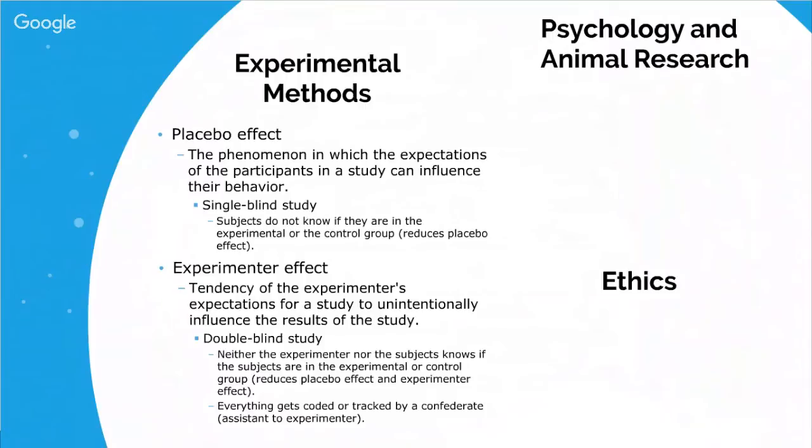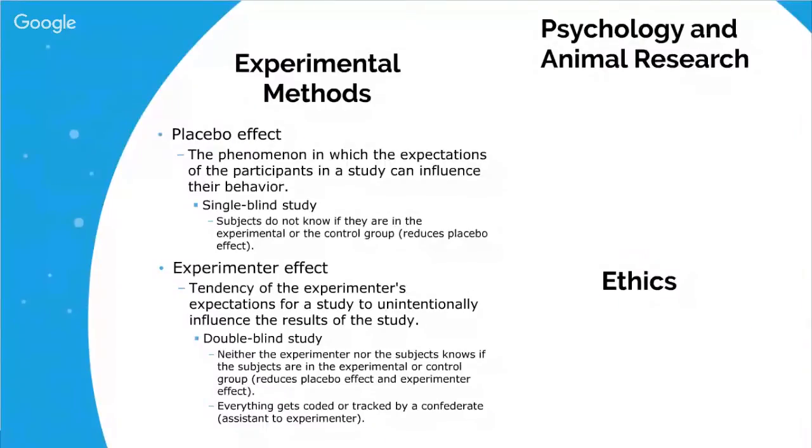And basically what this means is neither the experimenter, so the person conducting the experiment, nor the people in the experiment have any idea which group they're in. They don't know whether they're in the experimental group or the control group. And this will help alleviate both the placebo effect and the experimenter effect, because neither group has any idea which group they're in, including the experimenter or the subject.